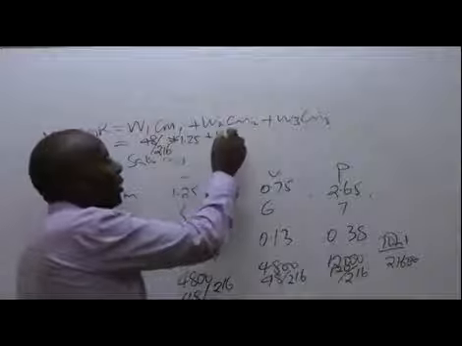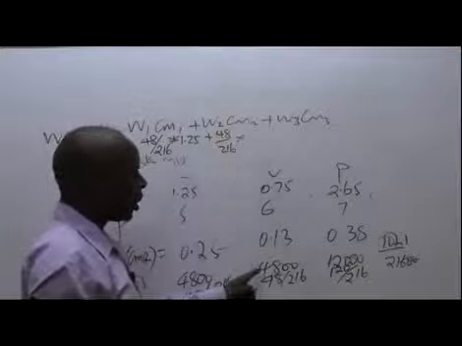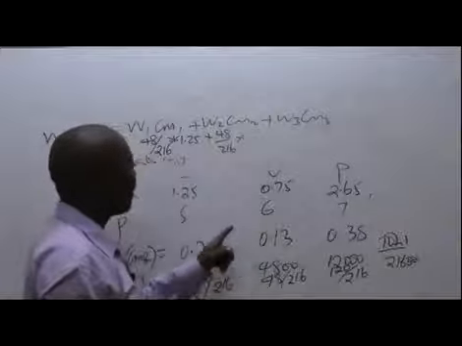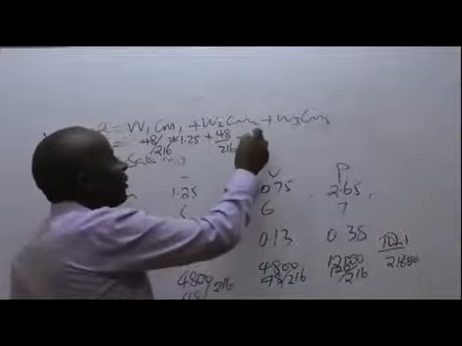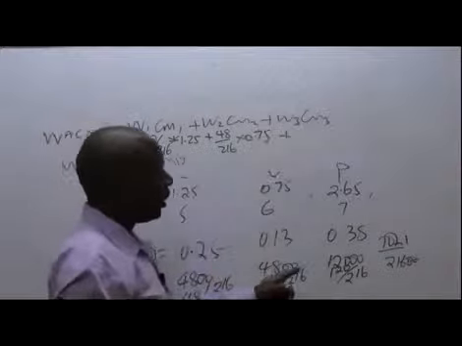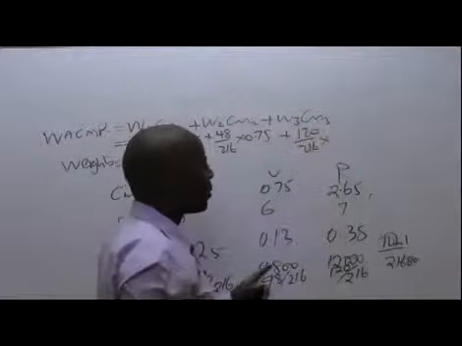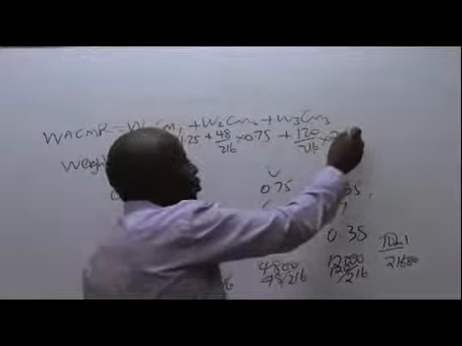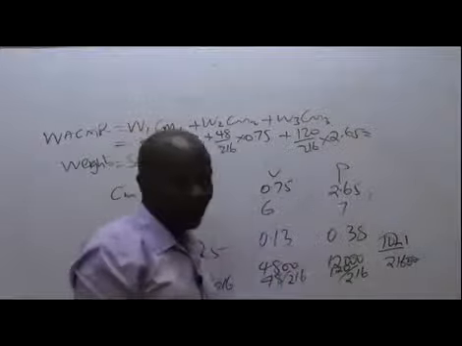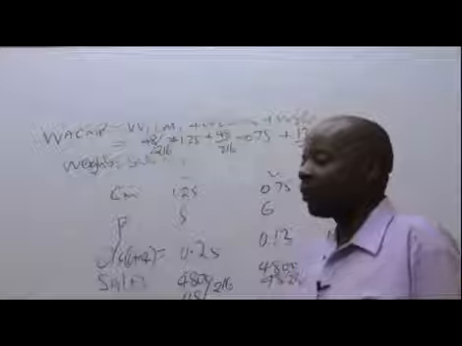Weight 2 is 48 over 216 times contribution margin 2, which is 0.75, plus weight 3, which is 120 over 216 times contribution margin 3, which is 2.65. Please give us a figure to write down.